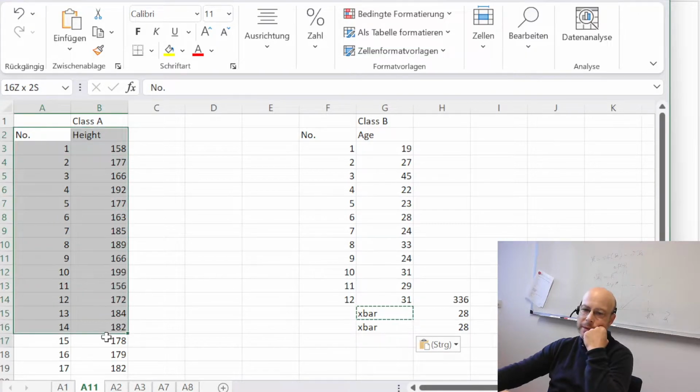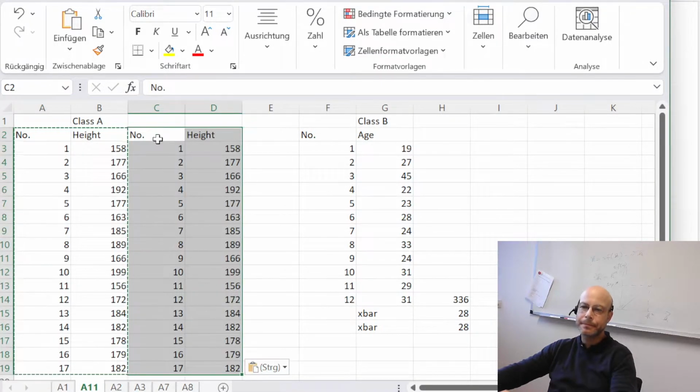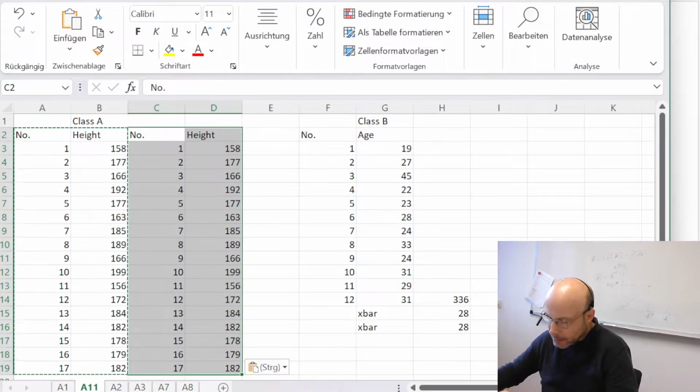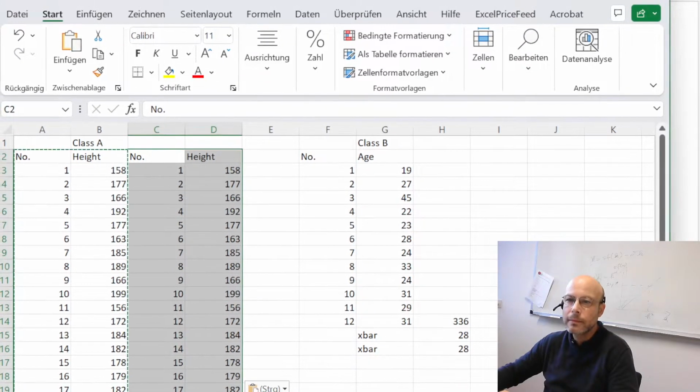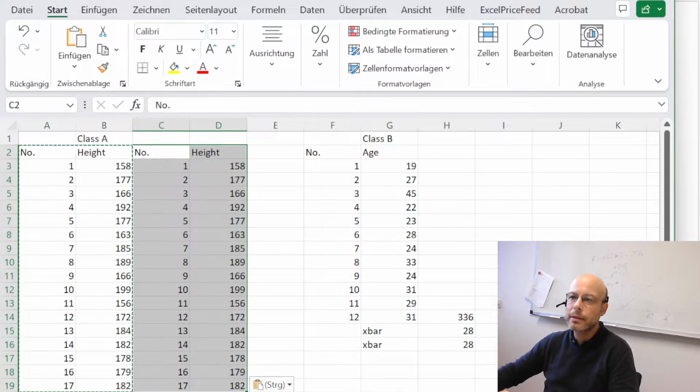So what we can do is, of course, take the data and then manipulate the data. Oh, this you don't see here, so I move it down. But now you don't see the whole data.